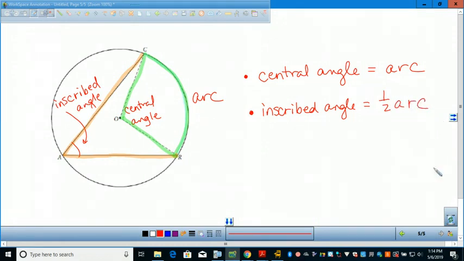There's a difference. The central angle is in the center of the circle. The inscribed angle is at the edge of the circle. So don't get them mixed up.